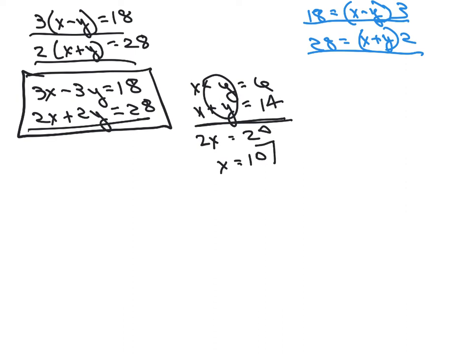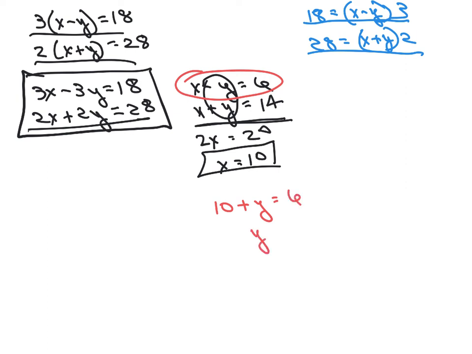There's the speed of the boat in calm water. For the speed of the current, if we take this equation, x minus y equals 6, then y equals 4.